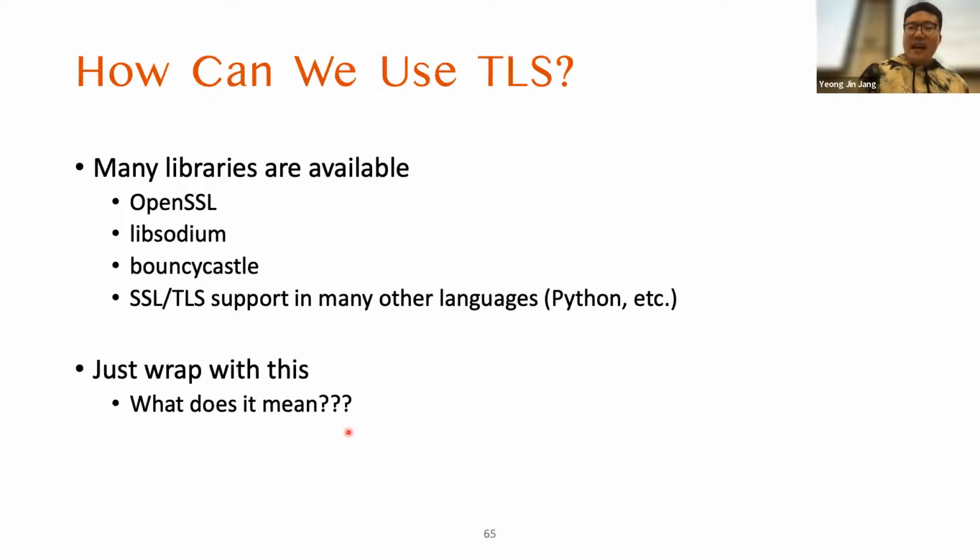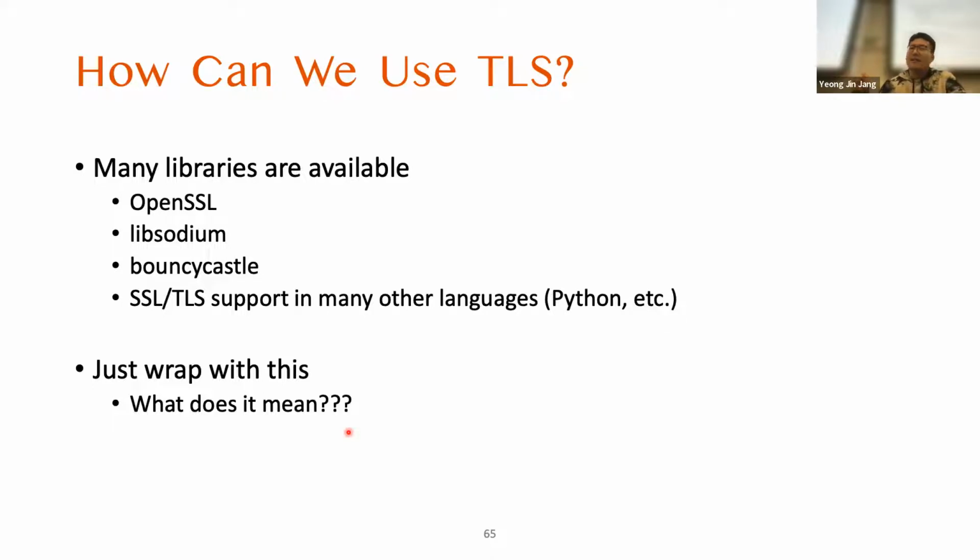And then how can you use TLS? TLS is available in most of the languages. There are libraries. If you're using C and C++, OpenSSL or libsodium might be the one. If you are using Java, there's a library called Bouncy Castle that's open source, and you can use all the TLS or cipher suites in there.